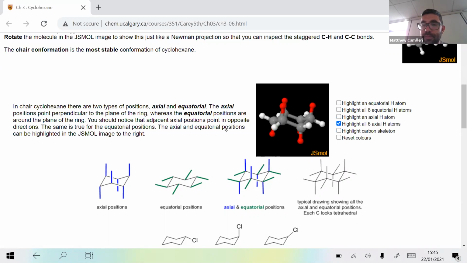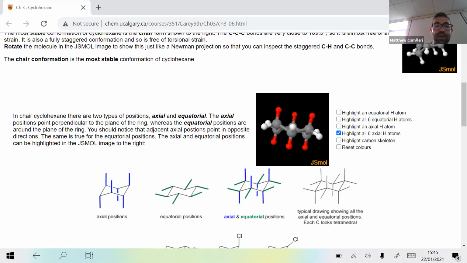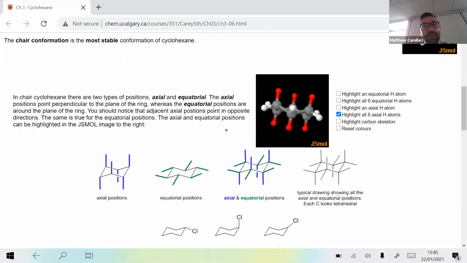They are the ones in red. They are perpendicular, 90 degrees above. You can see how to draw them here. Those are the axial hydrogens. And you have the equatorial, which is going to be in the plane, around the plane of the ring.